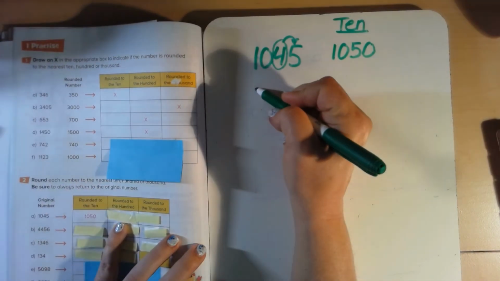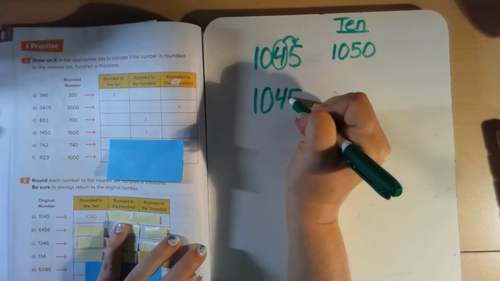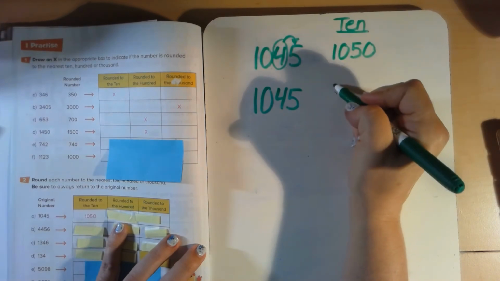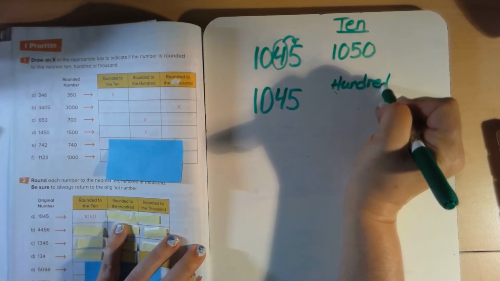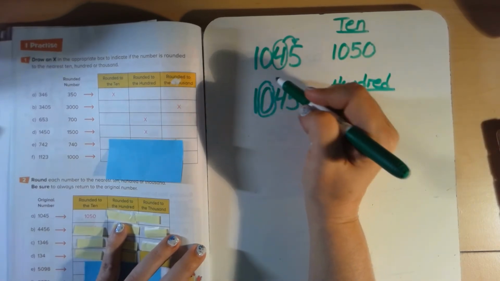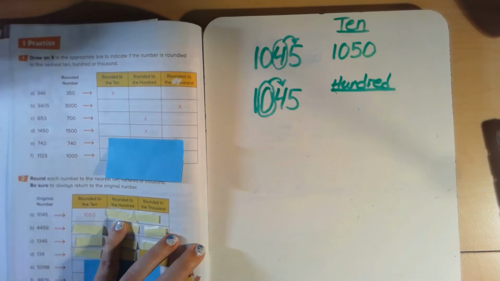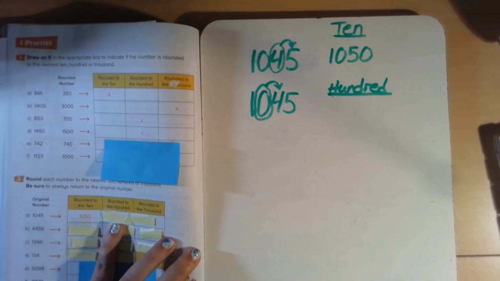I go back to the original number, 1,045. This time I'm going to round it to the nearest hundred. So what I do is I circle the number in my hundreds column and I look to my right. This time I have a 4. Do you see that?